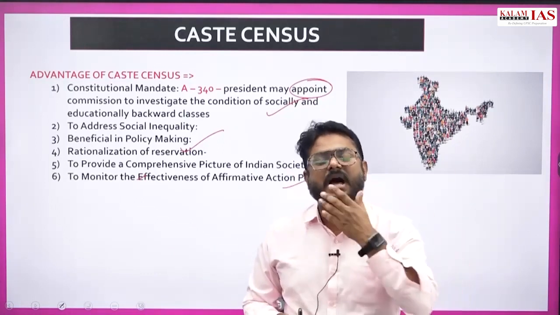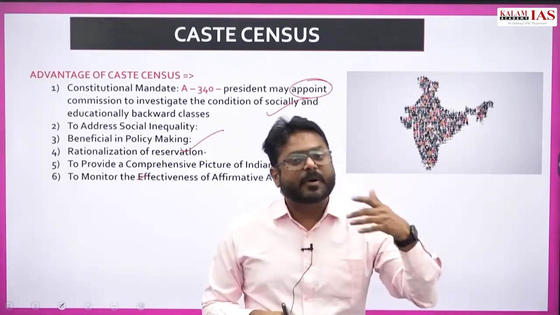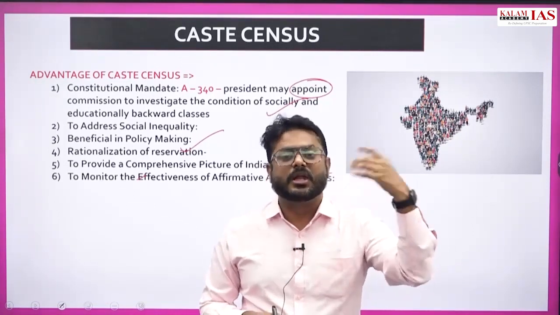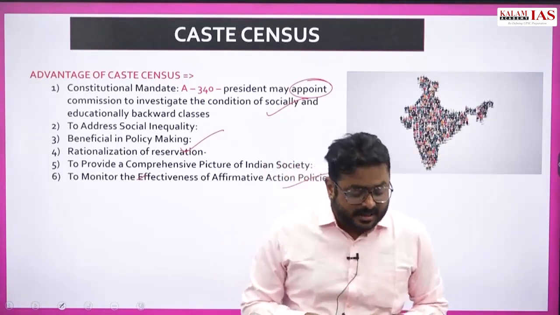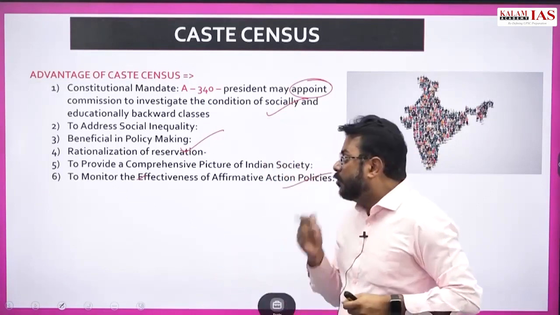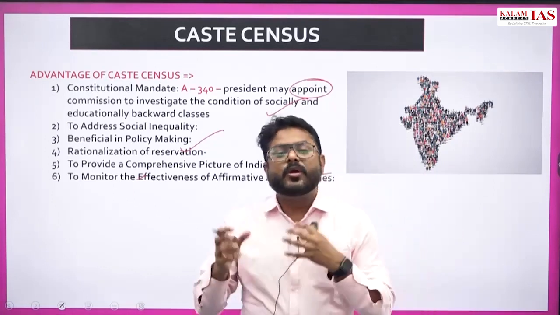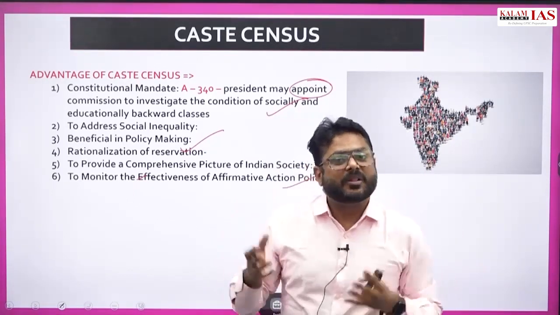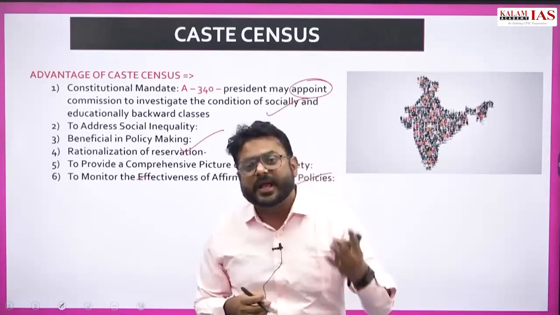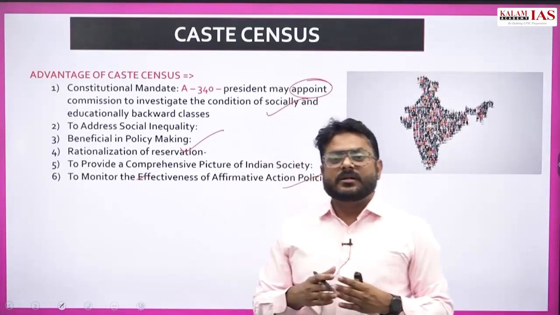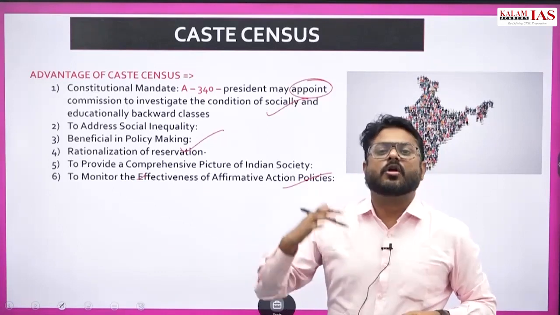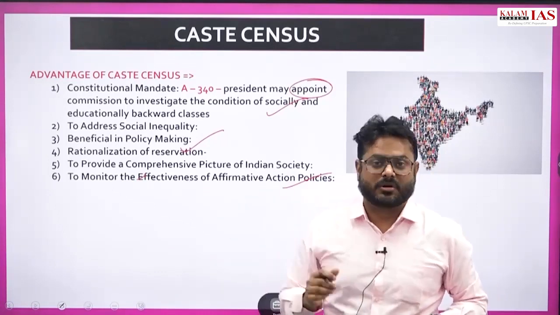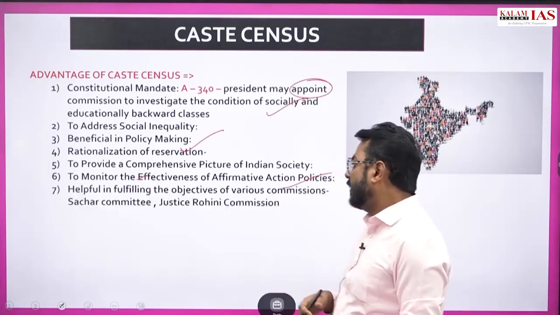All these articles allow the government to take affirmative actions for scheduled castes, scheduled tribes, other socially and educationally backward classes, right? So if you are doing the caste census properly, you will be able to monitor whether the affirmative actions you have taken are going in the right direction or not, whether they are really uplifting the poor population or not, right? So that can be done.